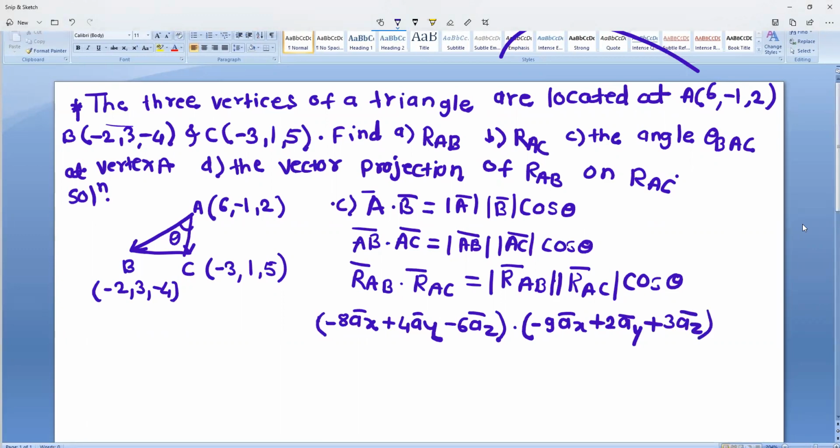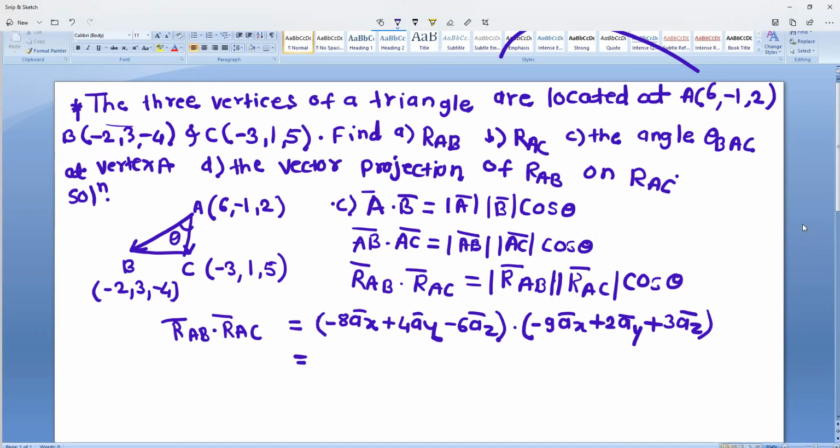Okay. Now tell me, this is R bar AB dot R bar AC. Dot product is a scalar quantity, right? So we have to just multiply the coordinates.